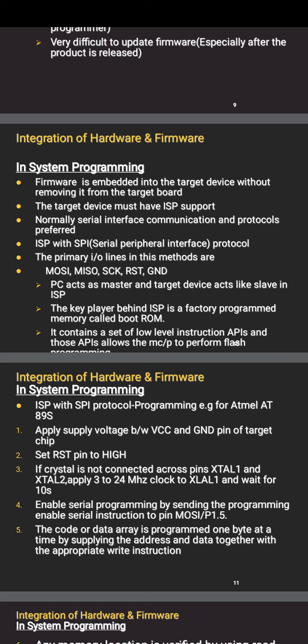It will automatically program the device. Here the complete target board is directly interfaced with the computer, and the in system programming utility program is executed in the computer, and the data is transferred through the serial port or the USB port.